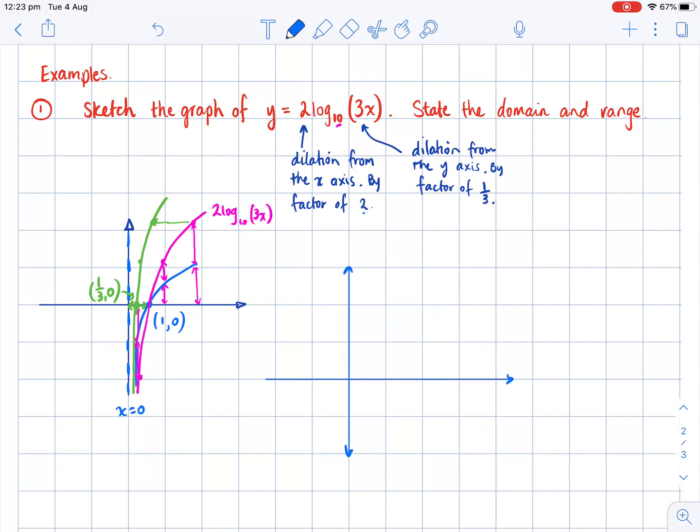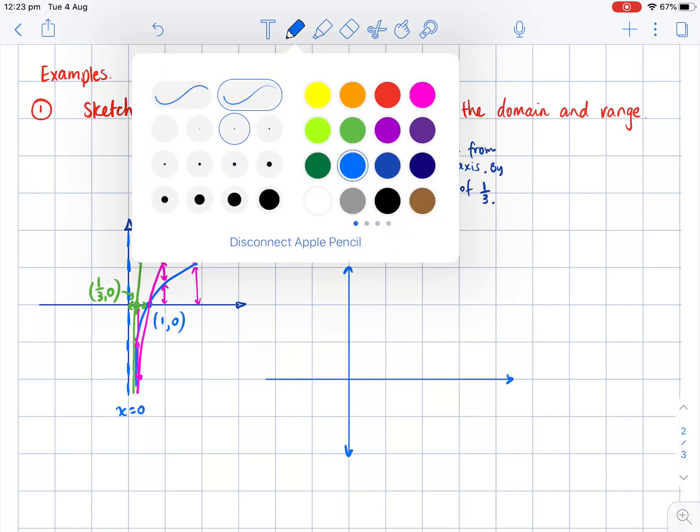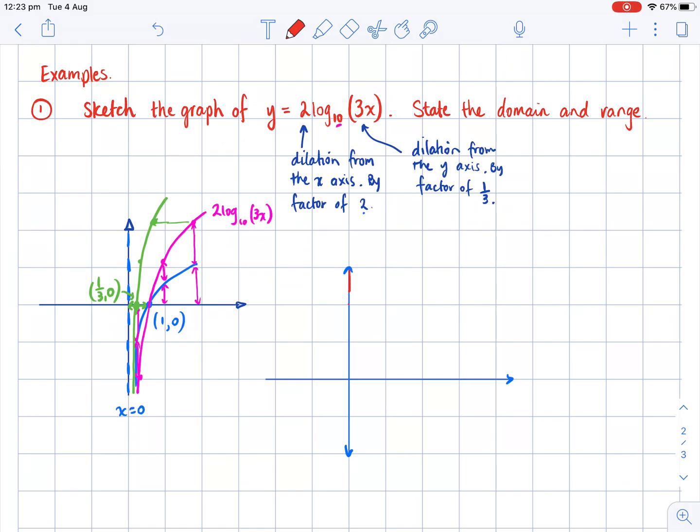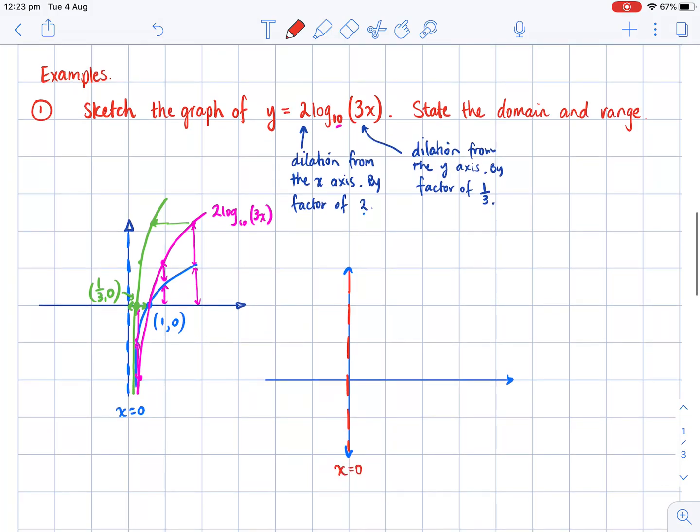I don't need to worry too much about all of the finer details, but I do want to put on an asymptote, and I must write the equation of that asymptote. And we're going to have a skinny, stretched logarithmic graph with an x-axis intercept at (1/3, 0). And there's my entire graph.